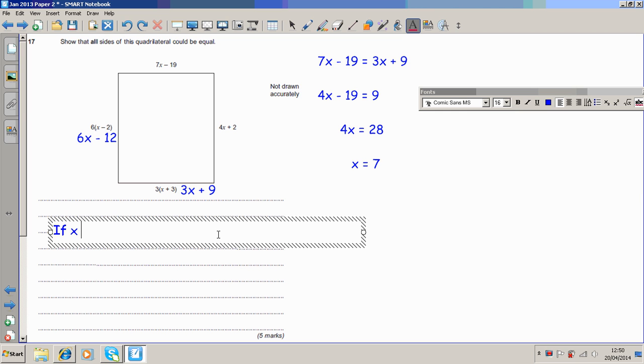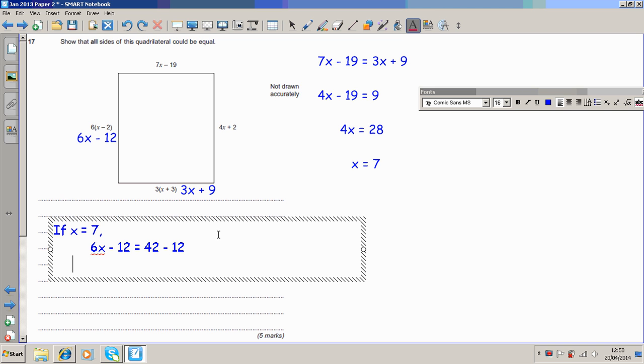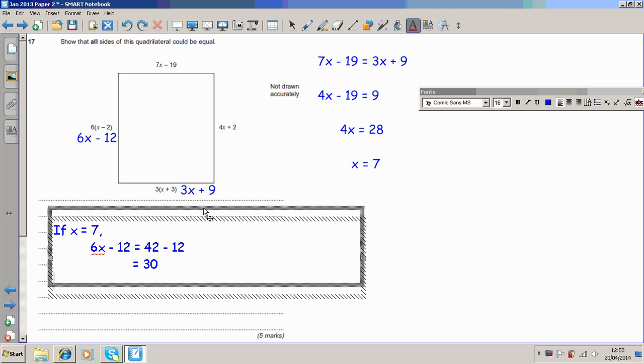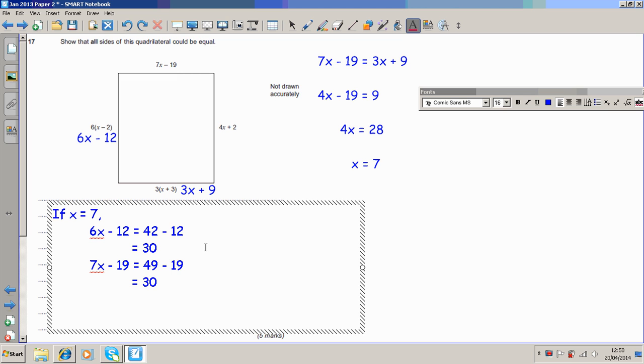Okay, so if x equals 7, 6x minus 12 is 6 times 7, which is 42 minus 12, which equals 30. And I can do that for each side. So 7x minus 19, or 7 times 7 is 49, minus 19, which is 30.